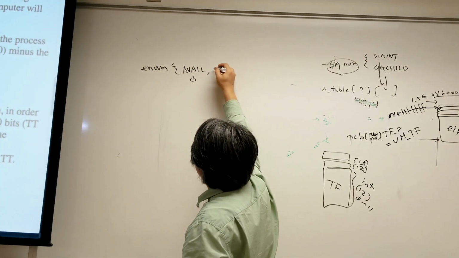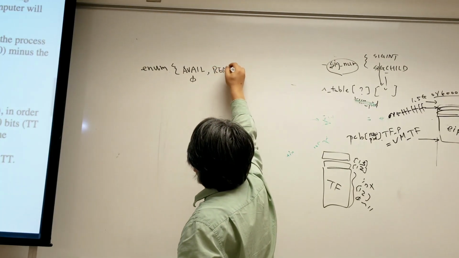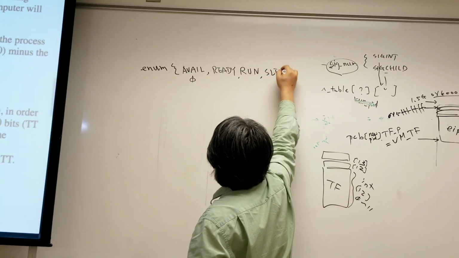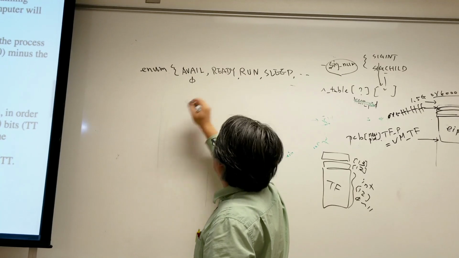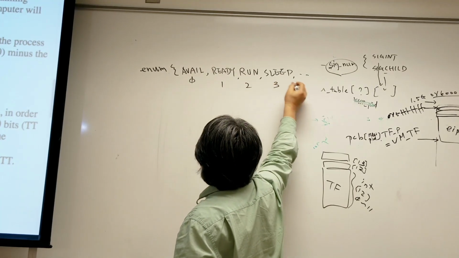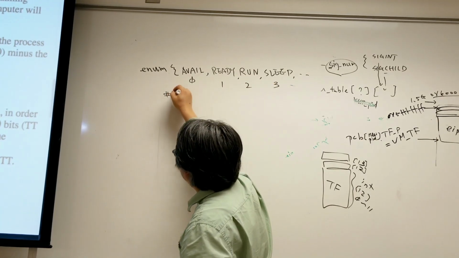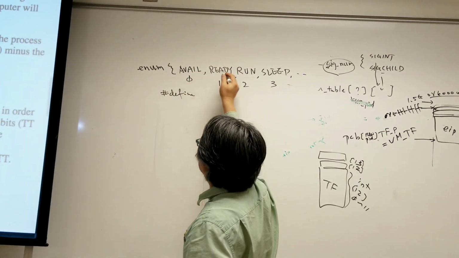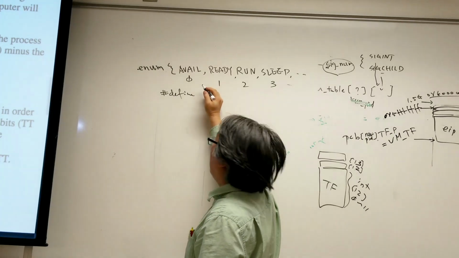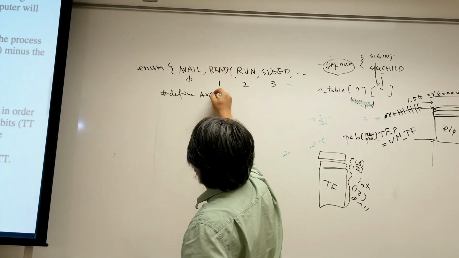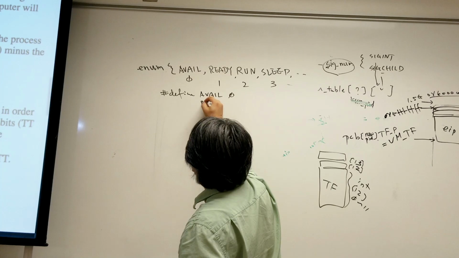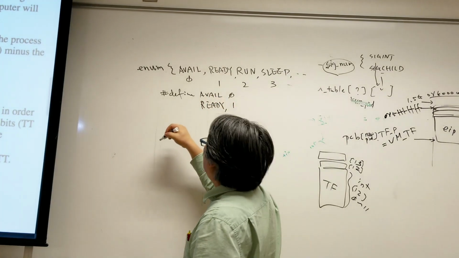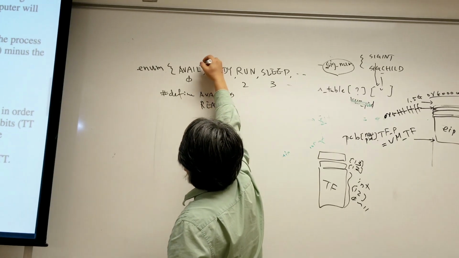And then what's next? Ready, run, sleep, etc. By default, they are these constants. Basically, it's the same as you define a constant into a name. When you mention this, it is a number actually. So it's define avail 0, define ready 1, etc. Also, C allows you to start from a different number.